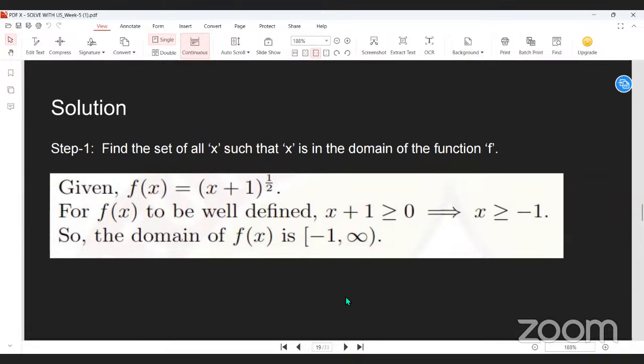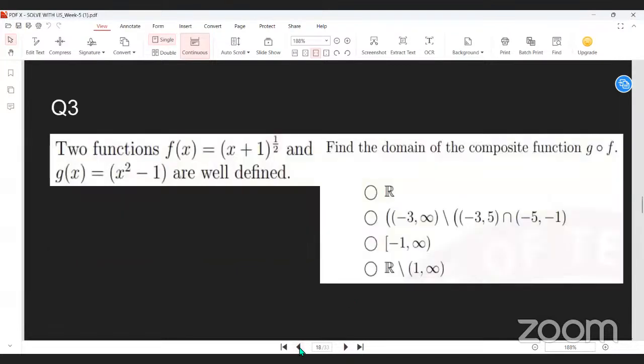Even without finding g of f of x, we can find it through the two conditions, right? For the domain of a composite function, we said that x must be in the domain of the inner function, and here f of x is inside g. So x must be in the domain of f, right?